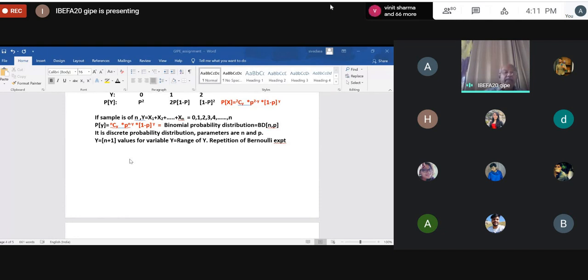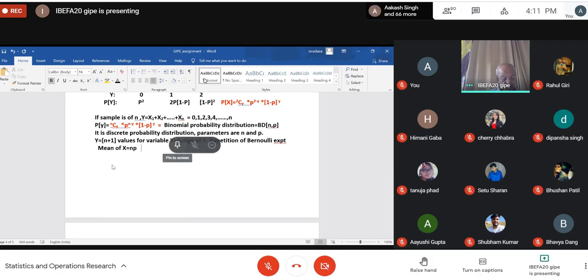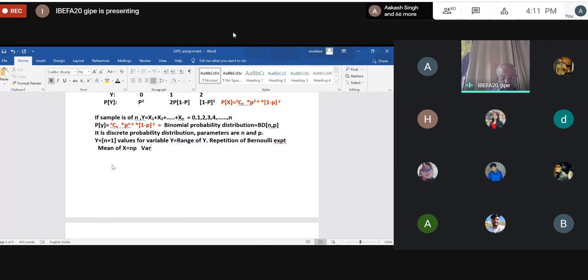When you learn the mean and variance of a distribution, to conclude today's class, in the binomial experiment, the mean of x equals the product np, and the variance of x equals np(1 minus p).